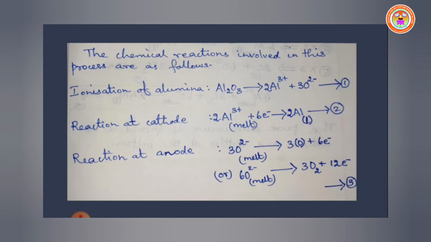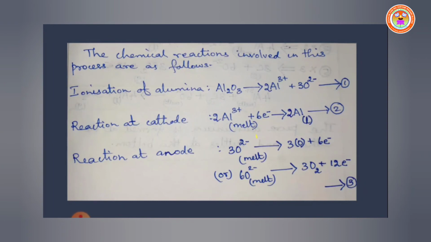Similarly, the oxide ion, O2-, moves towards the anode. At the anode, an oxidation reaction will take place. We know oxidation involves loss of electrons.